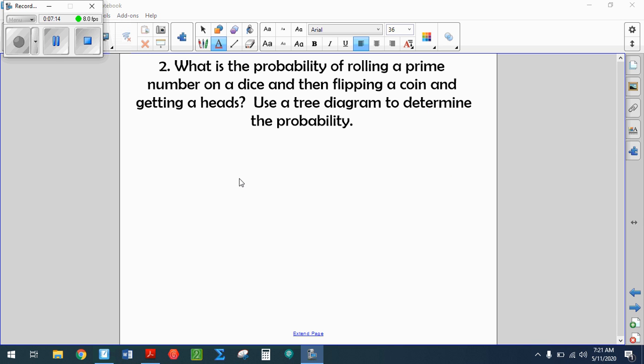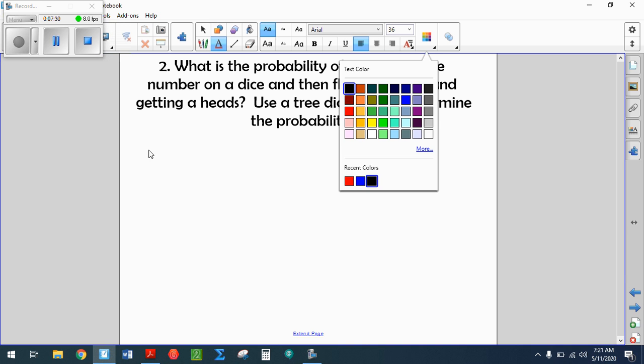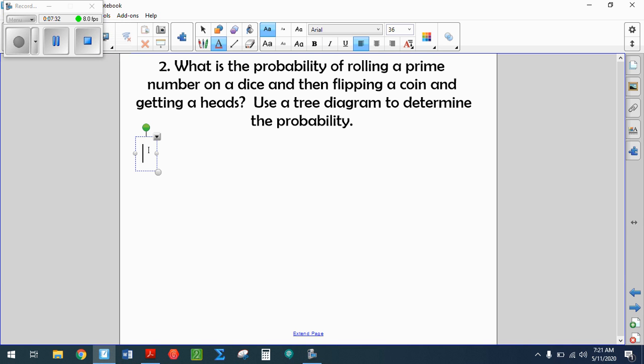Another example: the probability of rolling a prime number on a dice and then flipping a coin and getting heads. So I have, how many prime numbers are there? So 2 is a prime number, 3 is a prime number, and 5 is a prime number.